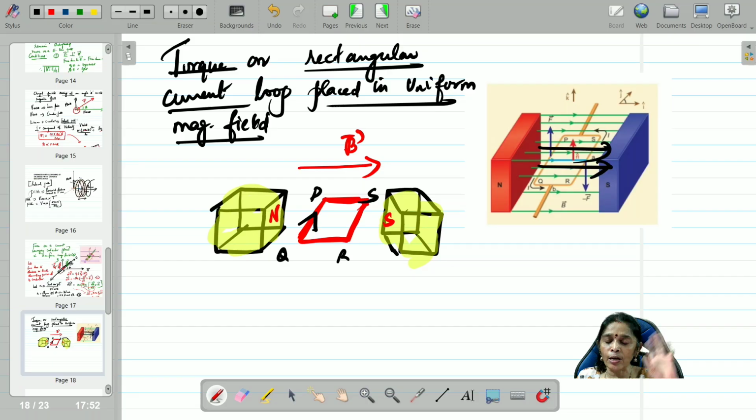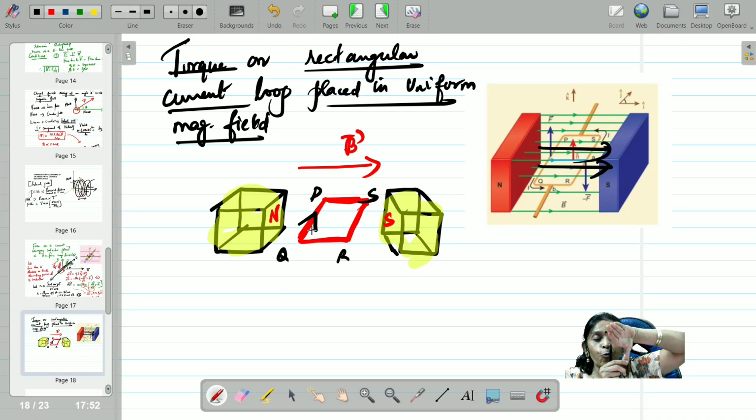Use the right palm rule. The magnetic field is acting towards my right, and it should not change. Look at the direction of the current, Q to P, the positive y-axis.